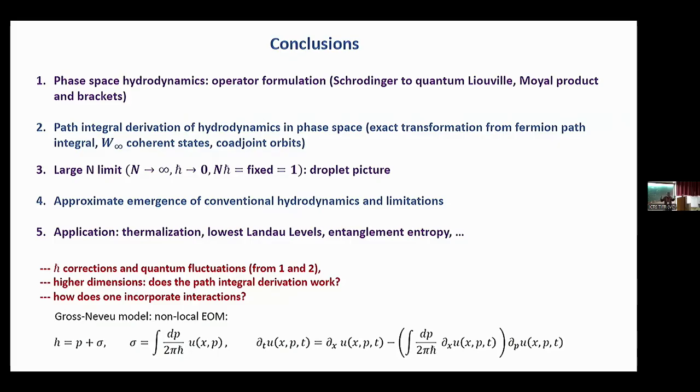You can speculate from the coadjoint orbit action that I showed. And how does one incorporate interactions? You can try to incorporate interactions which can be handled by mean field theory, and we have some preliminary result for the Gross-Neveu model where you get some non-local equation of motion. Thanks a lot.